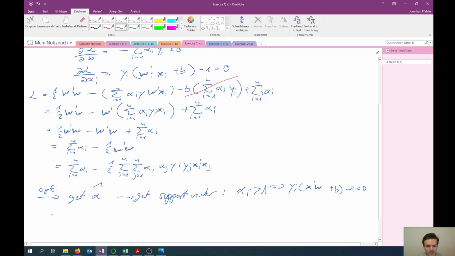And using those, we can calculate our estimates for the weights.